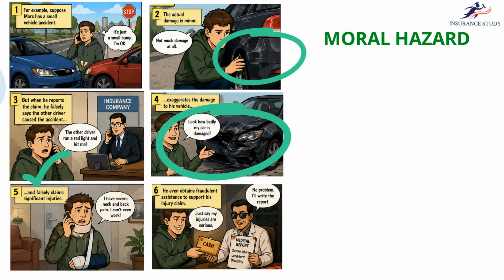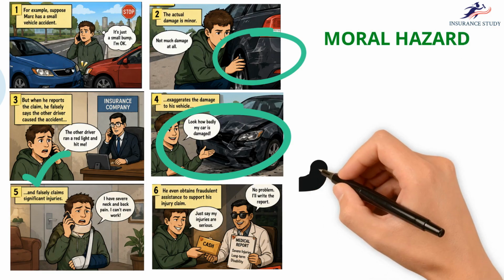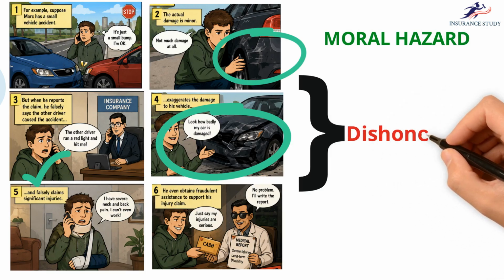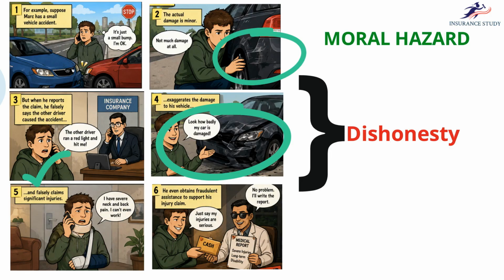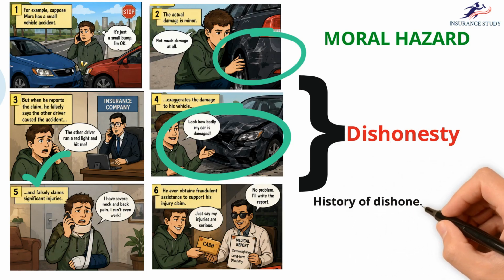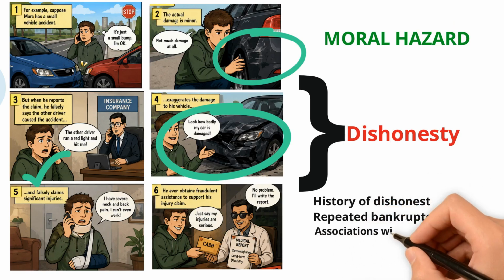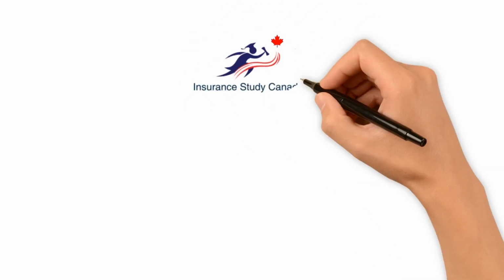This is an example of moral hazard because the person's dishonest behavior increases the potential for an improper or fraudulent loss. Moral hazard can also involve characteristics such as a history of dishonest dealing, repeated bankruptcies, or associates with criminals.